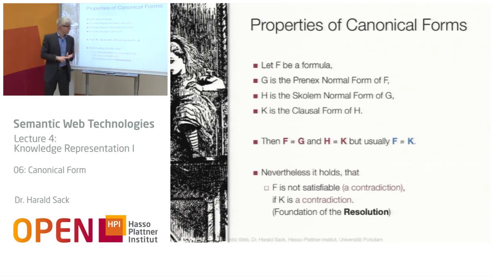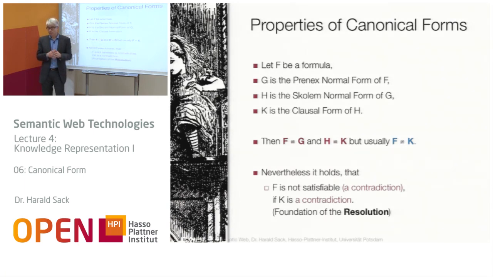The only difference is between the prenex normal form and the Skolem normal form. They are not equivalent. You remember we made substitutions there, an existential quantifier by a constant or by a function. Therefore, it doesn't hold that whenever f is true, also k is true. So they are not equivalent.